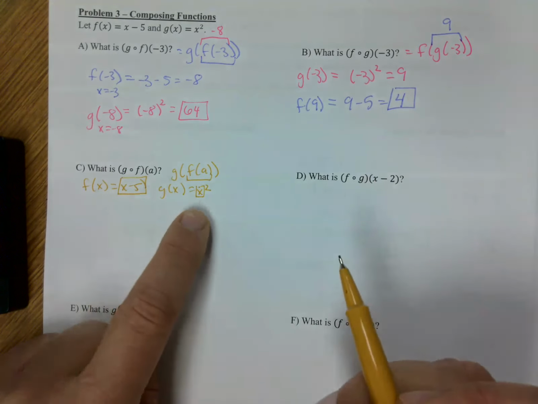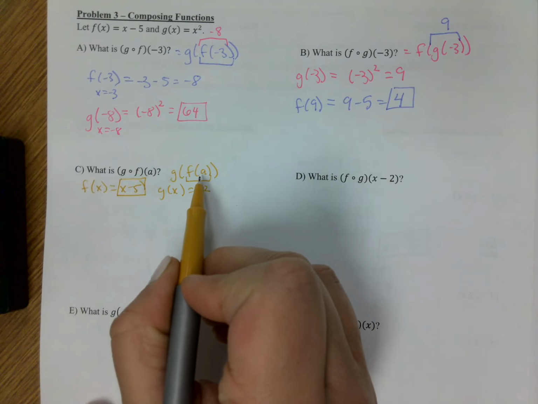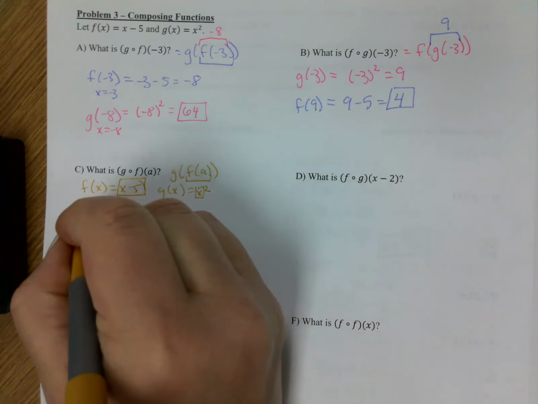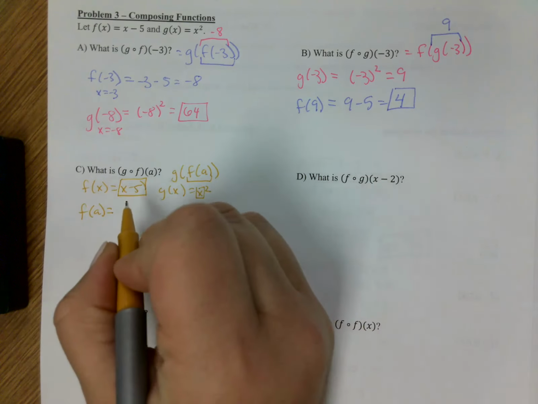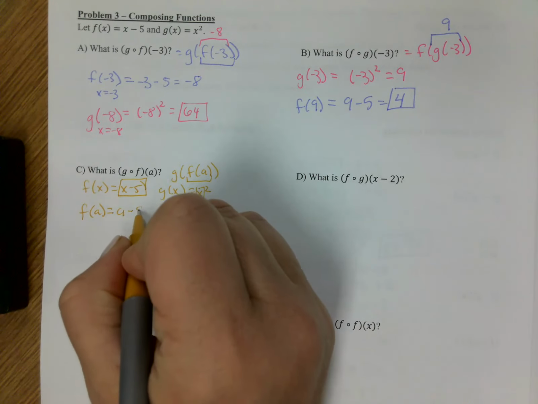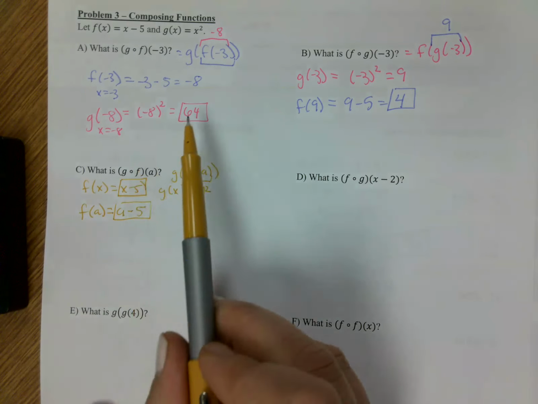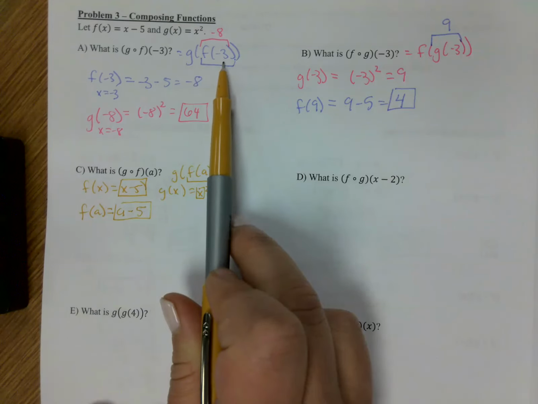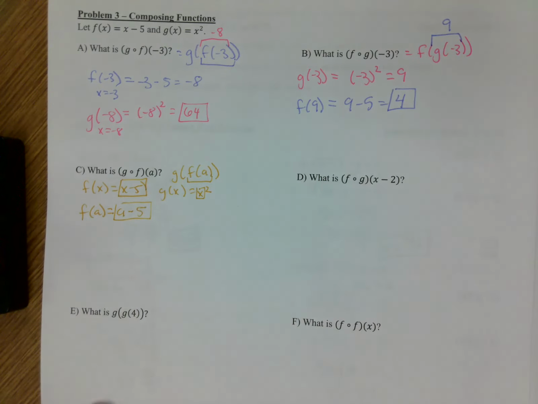Notice how when I do my outside, I'm not including the x squared. So first, this part right here, all this is telling me to do is rewrite this function in terms of a. So instead of having an x there, I'm going to have an a there. So this whole thing goes inside of that equation, the same thinking process.